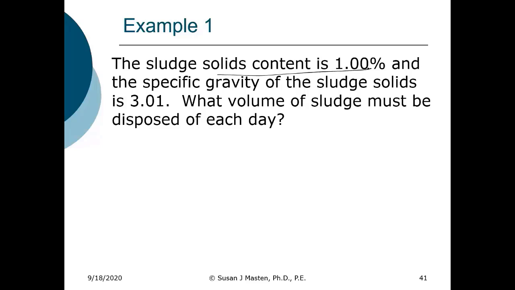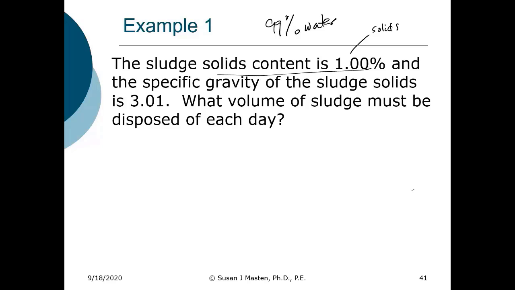And then you want to remove that water before you transport and dispose of the sludge. So we have a sludge content of 1%. That means that the sludge you're producing is 99% water and 1% solids. Mostly water.